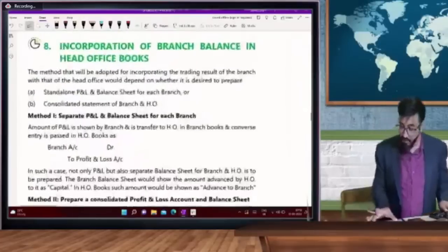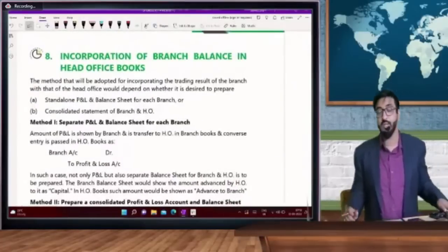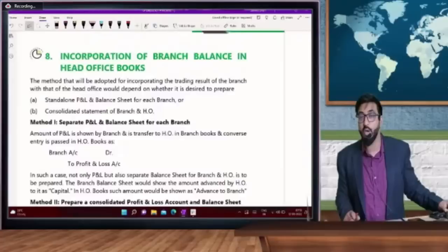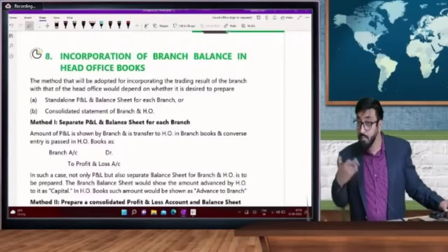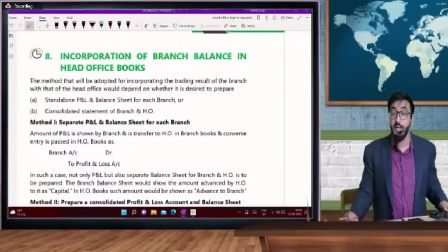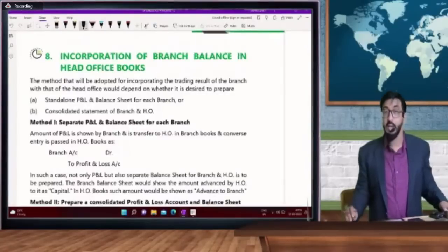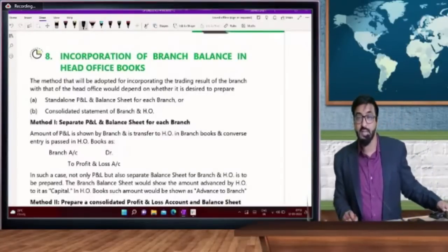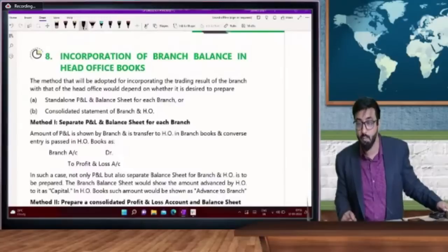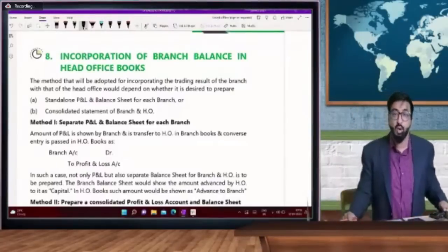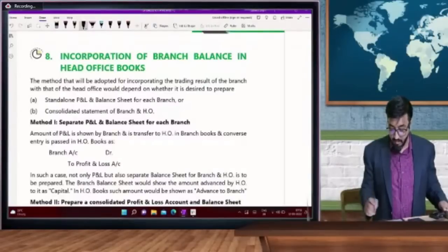Now, see incorporation. What is our aim in case of independent branch? Our aim is to incorporate branch balance in the head office books. Very important point: we have to see incorporation in whose books?